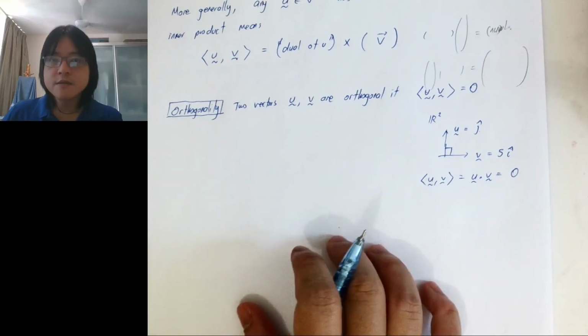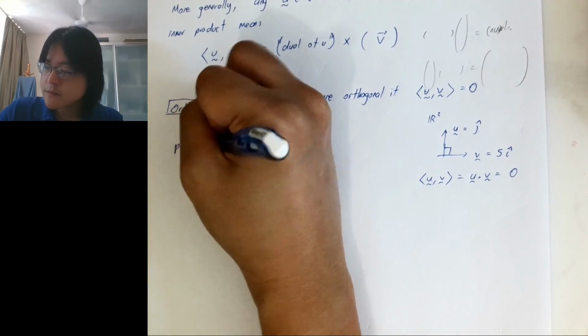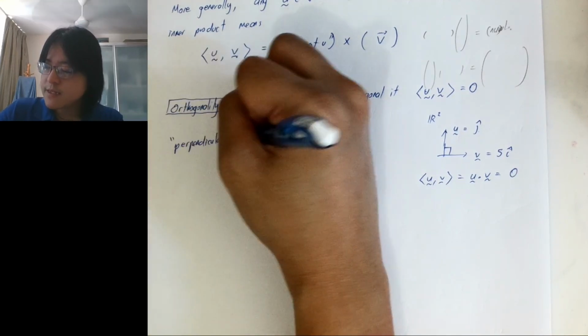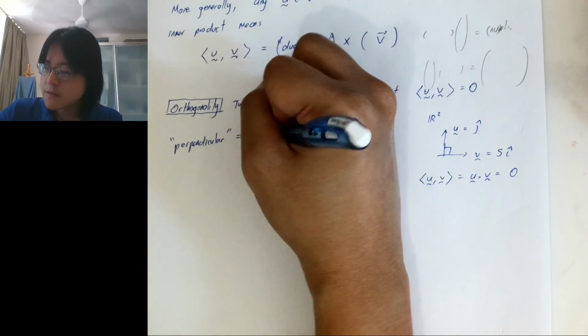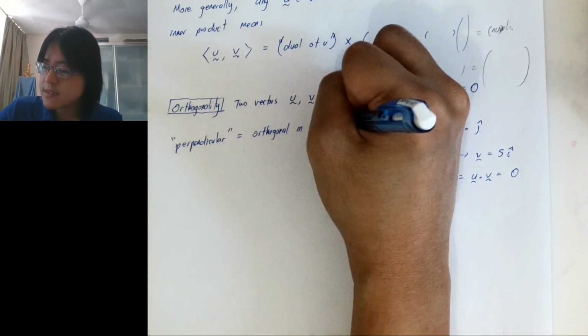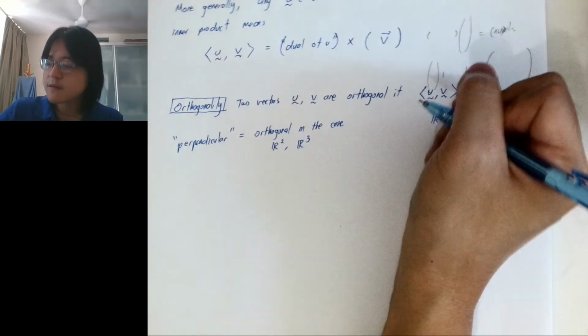So perpendicular just means orthogonal in the case of R2, R3, and so on and so forth.